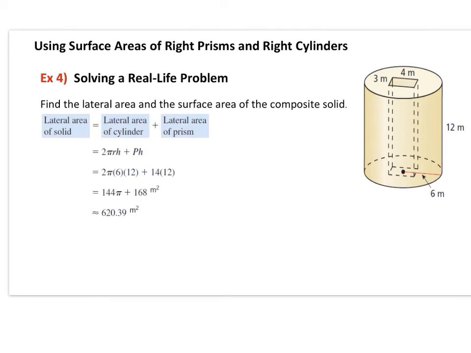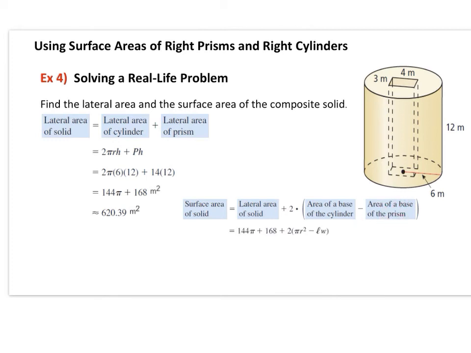All right, so next, if we want the surface area of the entire solid, we need the lateral area of the solid plus 2 times, and there's an open parentheses because on the inside here we need to get the area of the base of the cylinder minus the area of the base of the prism. So you have multiple formulas that you have to consider here.